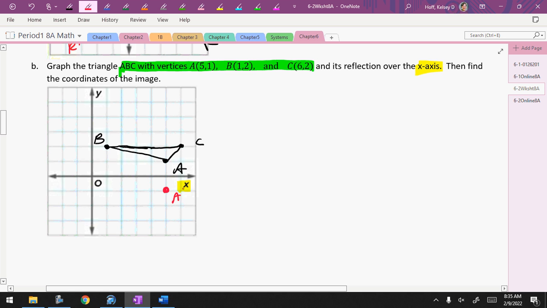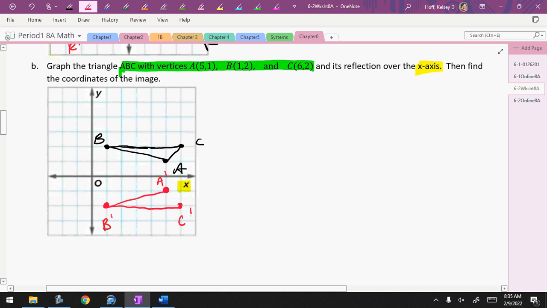It becomes A prime. How far up is B? 2. So we go 2 on the other side. 1, 2, B prime. C, how far? 2, 2 on the other side, C prime.